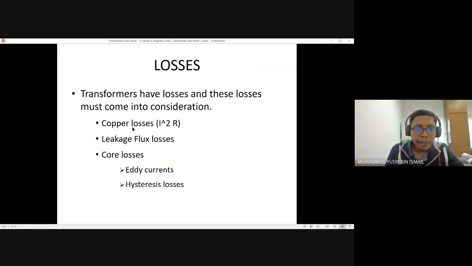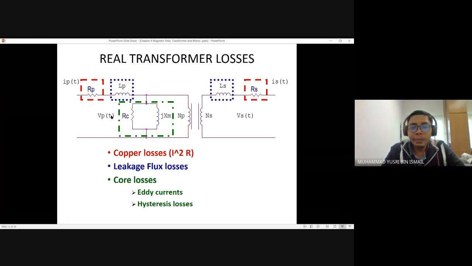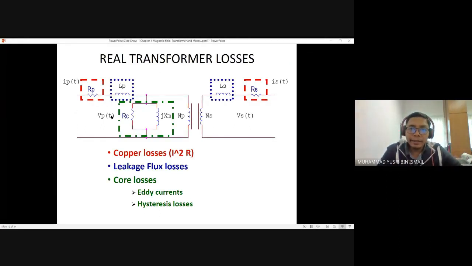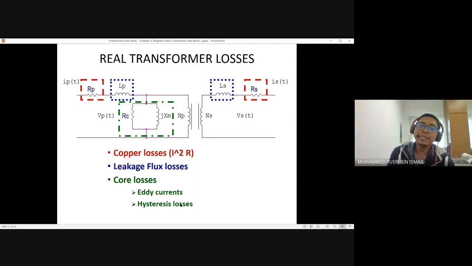Copper losses produce a resistance to the flow of the current, denoted as Rp. And then the leakage flux losses, which are based on the material of the transformer. And then the core losses, which are eddy current and hysteresis losses.